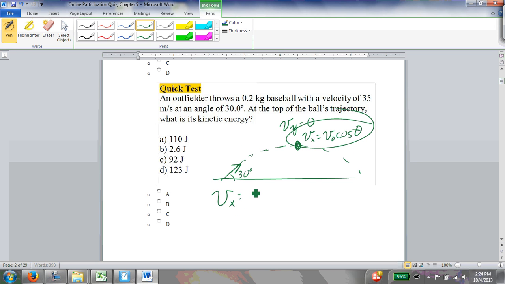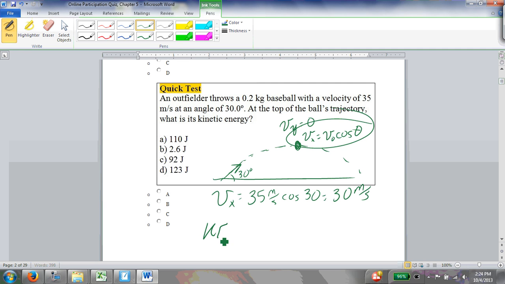So the velocity in the x direction is 35 meters per second, cosine of 30, and that's equal to 30 meters per second. So that's my velocity at the top of the trajectory, when the velocity in the y direction goes to 0.